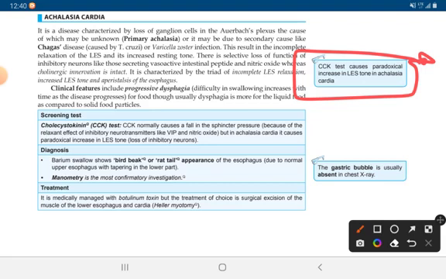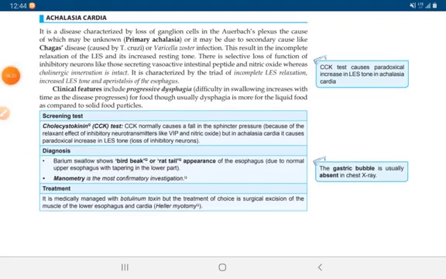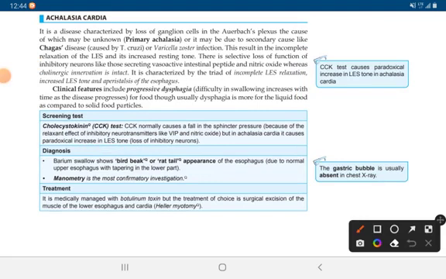Now the screening test: cholecystokinin normally causes a fall in sphincter pressure because of the relaxant effect of inhibitory neurotransmitters like VIP and nitric oxide. But in Achalasia Cardia, it causes a paradoxical increase in lower esophageal tone due to loss of inhibitory neurons.